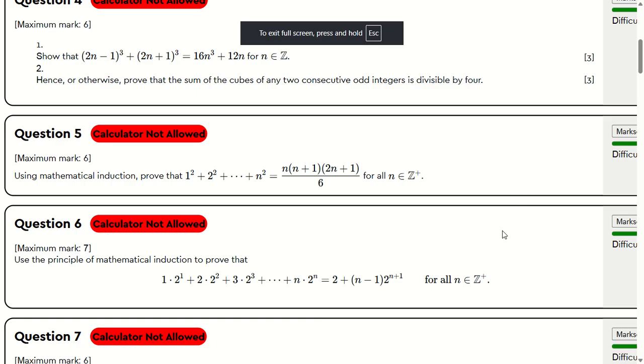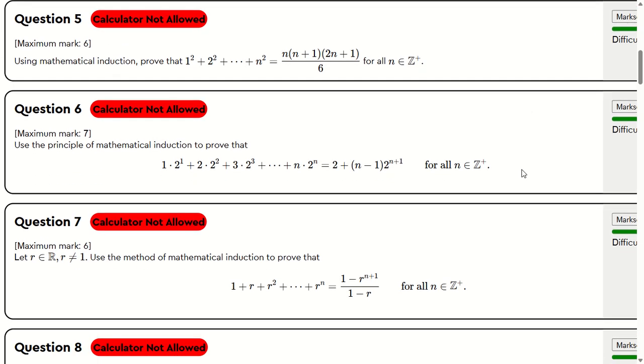Here, number 6. Okay, so how can you prove it? Then n equals to k plus 1, for n equals to k plus 1.